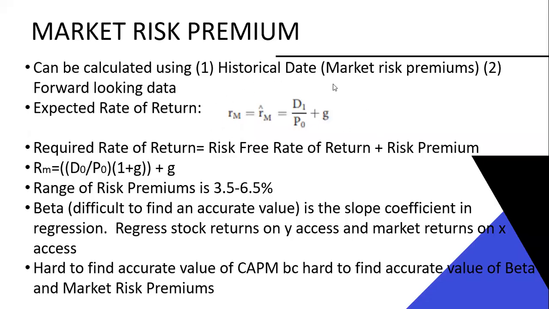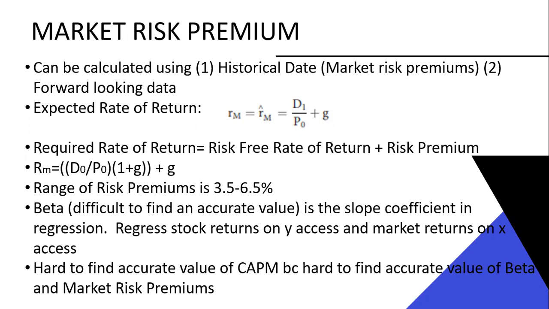Now, this formula that you're seeing right over here is a little bit different, and the reason is that this formula is more to do with the discounted cash flow approach. We mentioned in the previous slide, using the CAPM model, that you were generally given a little bit about what the expected market return was going to be.